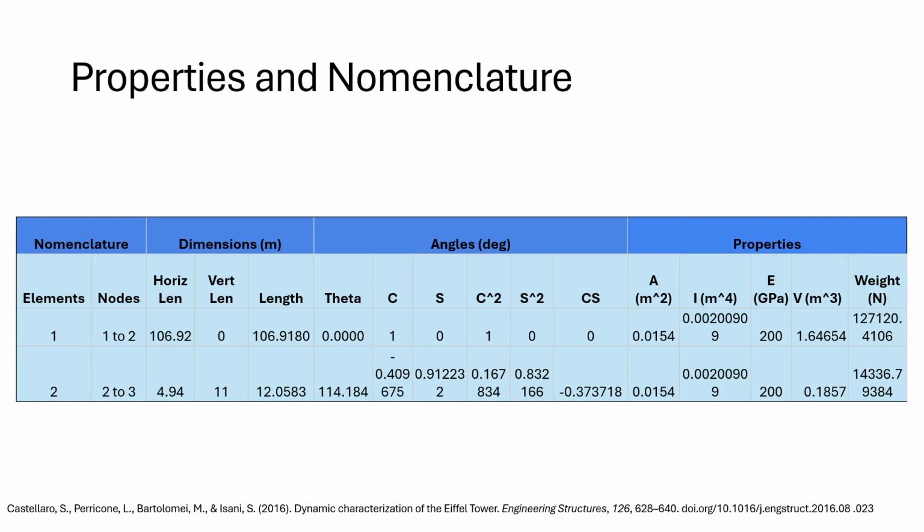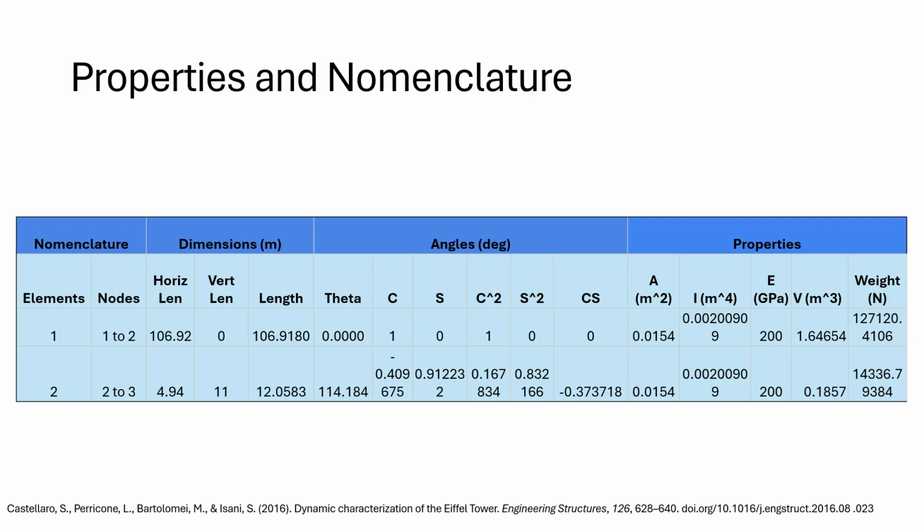I used the process outlined in the previous slide to determine the angle theta, which is the angle between the local x-axis and the global x-axis for each of the elements. I then calculated the sine and cosine values corresponding with the global stiffness matrices for a frame element.